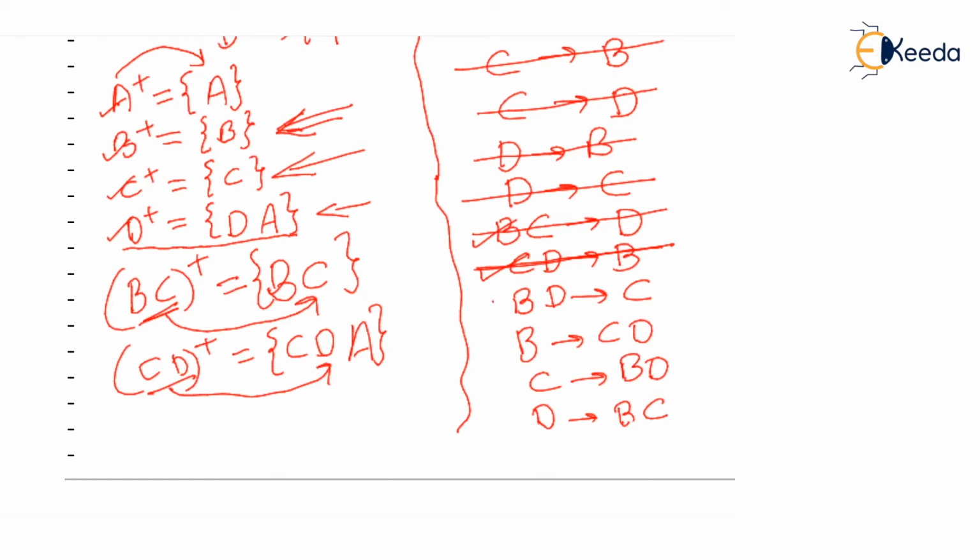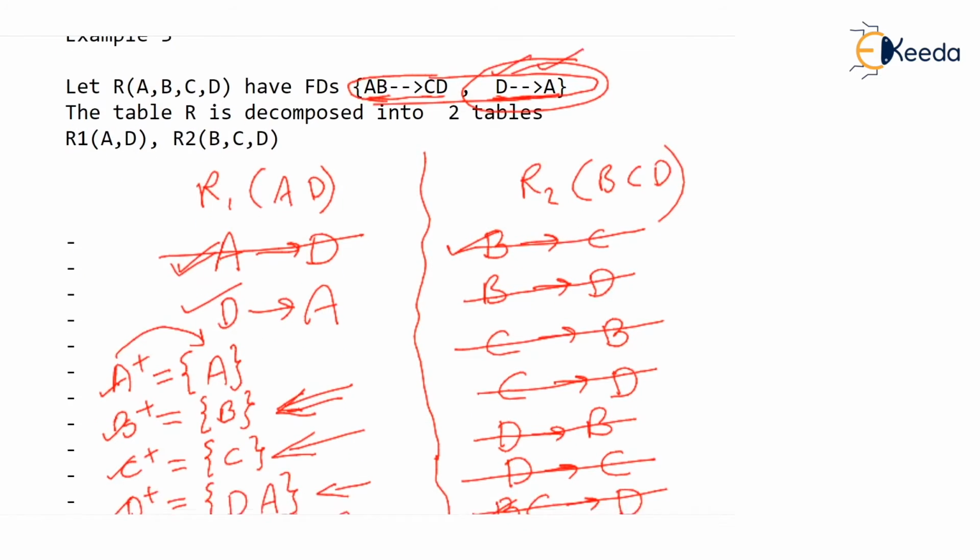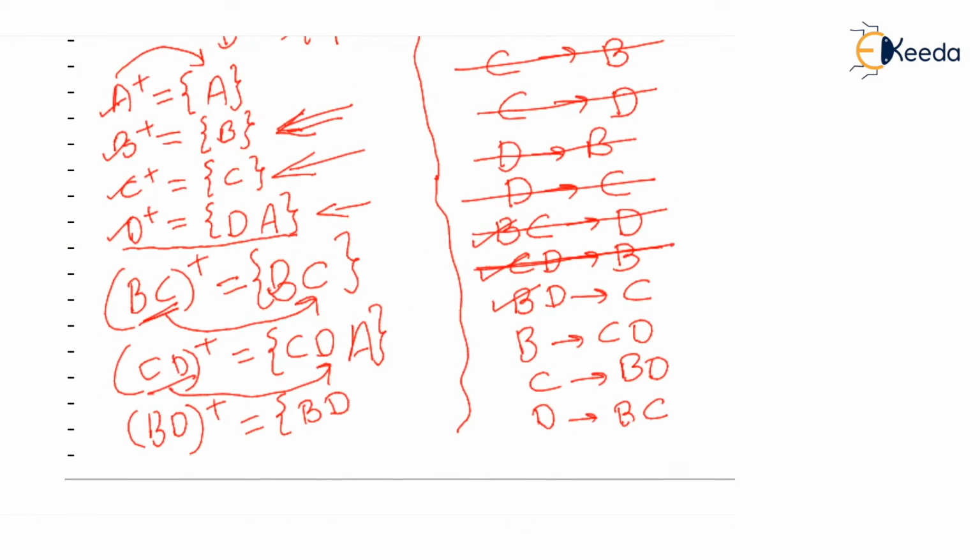How will you check BD determines C? You check BD closure using our original FD set. You will have B and D here. Because B and D are present, and D determines A, A will be brought in. That's it, no more things will be brought in now.